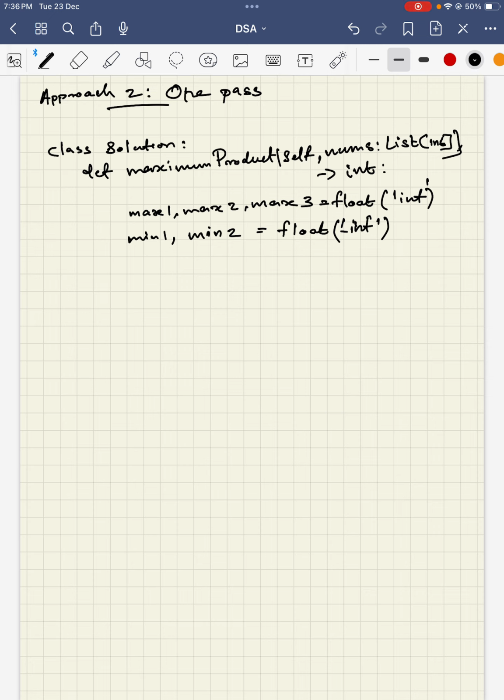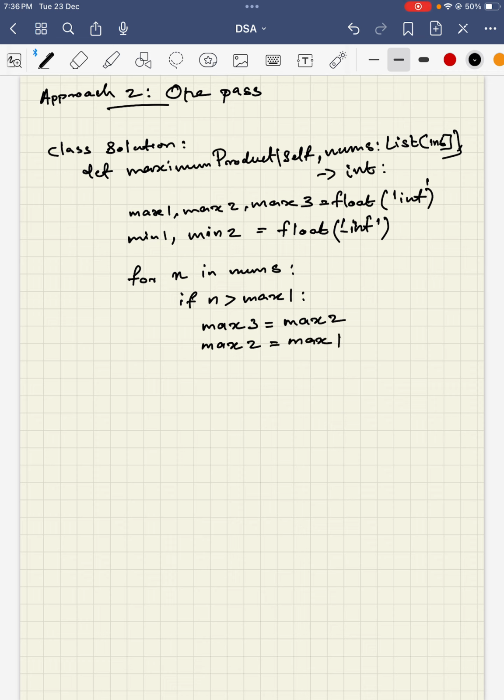Now we are going to iterate. For n in nums, if n is greater than max1, then we assign the max2 value to max3, and the max1 value to max2. Then only assign max1 with n.